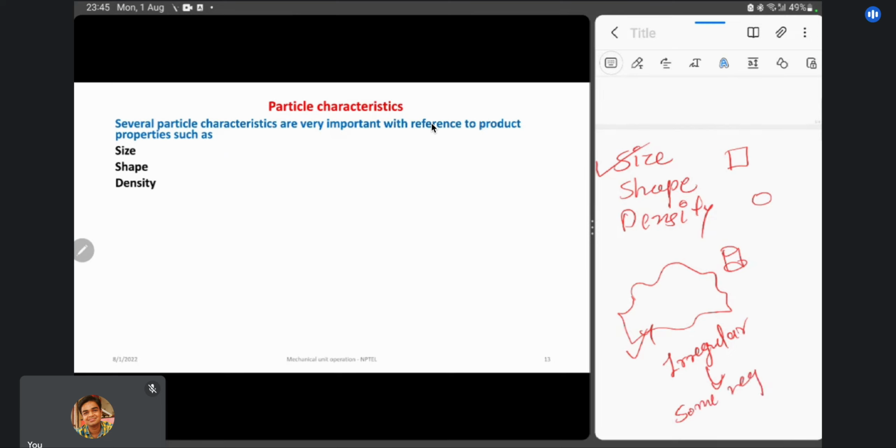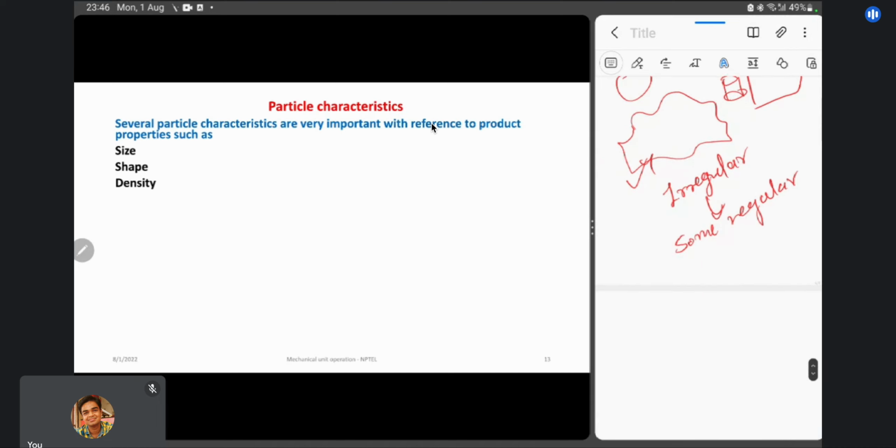We will discuss it later. Another part is the shape of the particle. Size is also not only shape-wise, but also big particles and small particles. Everything needs to be covered in the size.